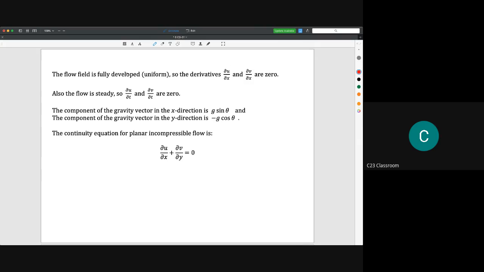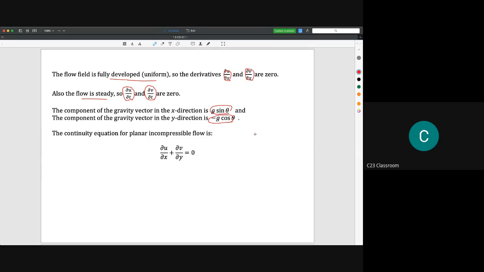Let's say, because it is fully developed, du/dx and dv/dx will equal 0. Because the flow is steady, meaning the velocity does not change anymore, we have du/dt equal to 0 and dv/dt also equal to 0. Then the component of the gravity vector in the x direction is g sin theta, and in the y direction is negative g cos theta.